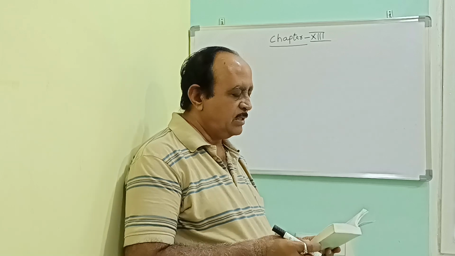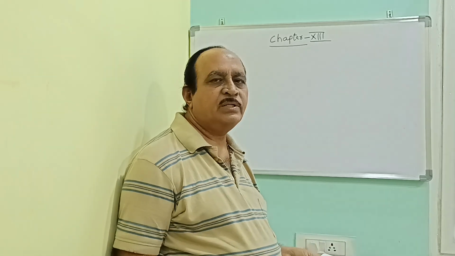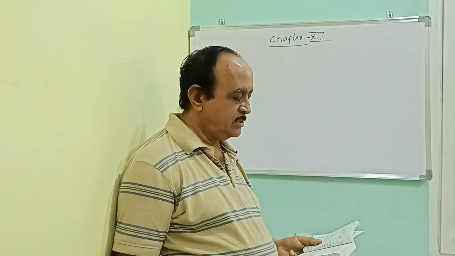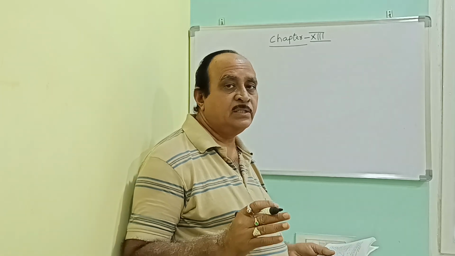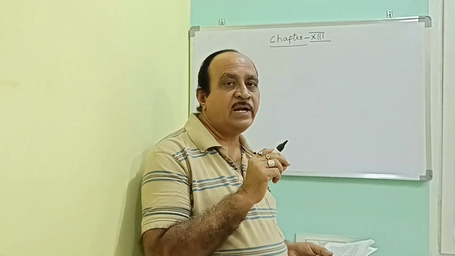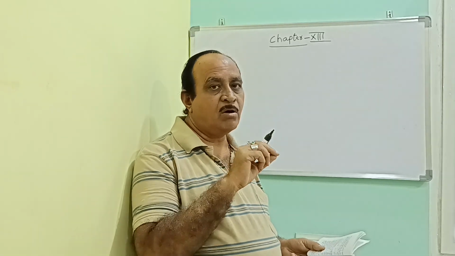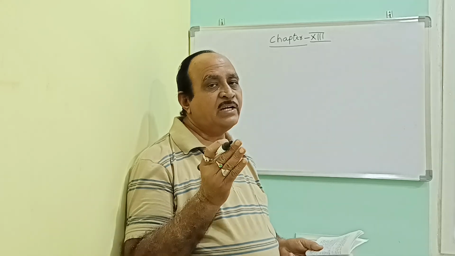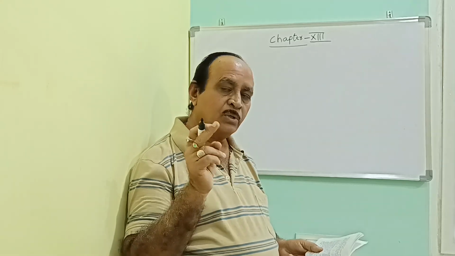Today we are going to learn chapter 13 from the Pitman Shorthand book. So far, in the initial chapters, we have learnt how to add the R and L hooks to straight strokes and how to add the R and L hooks to curved strokes.